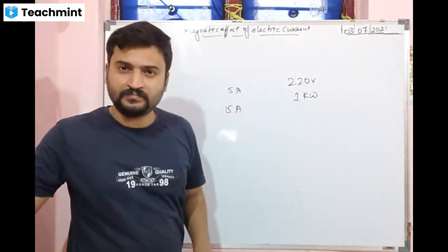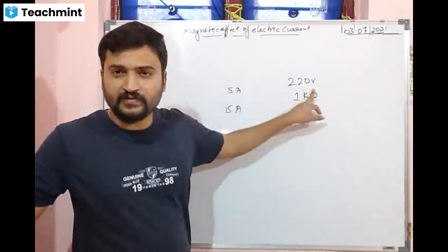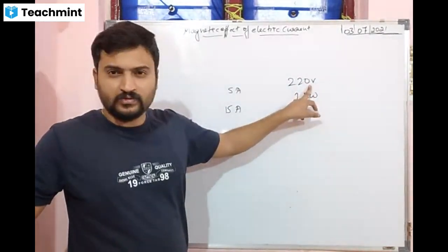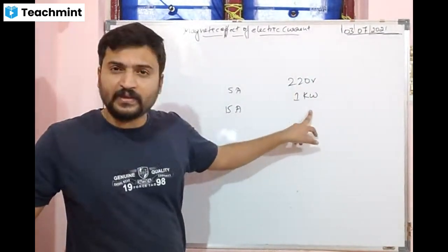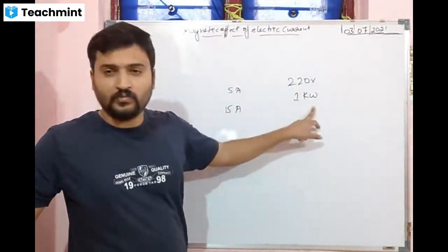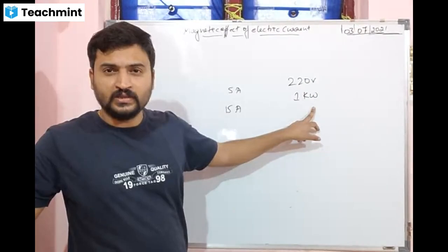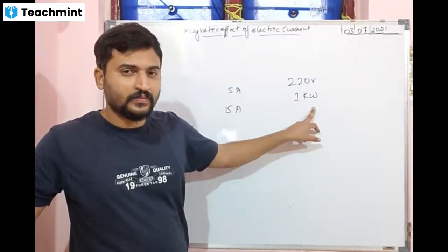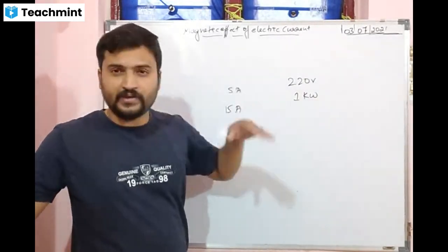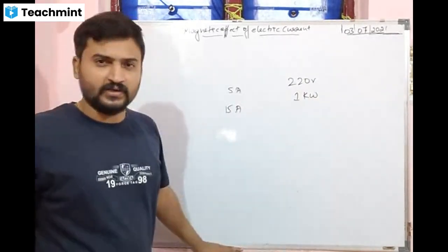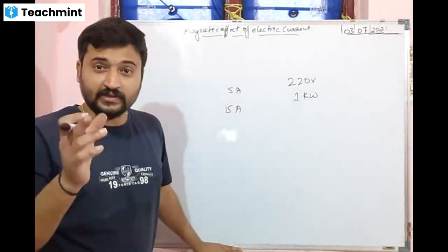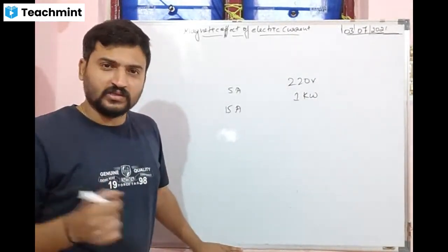What is the potential difference coming to the house? 220 volts. What is our geyser's capacity, what do you call the work? How much? 1 kilowatt. Wattage. 1 kilowatt. It requires lot of current. So they ask how many ampere fuse should be put. It is an applied question. It was asked many times.